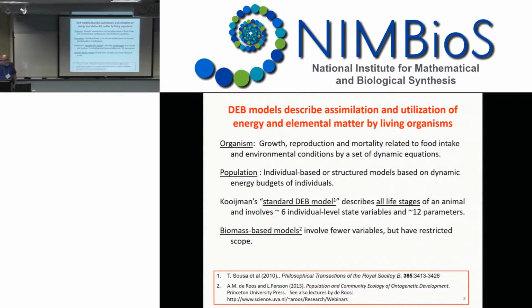And a lot of what I'm talking about has its counterpart in biomass-based models, and I want to just highlight this book, in case anyone hasn't seen it, by Andre de Roos and Lennart Persson.